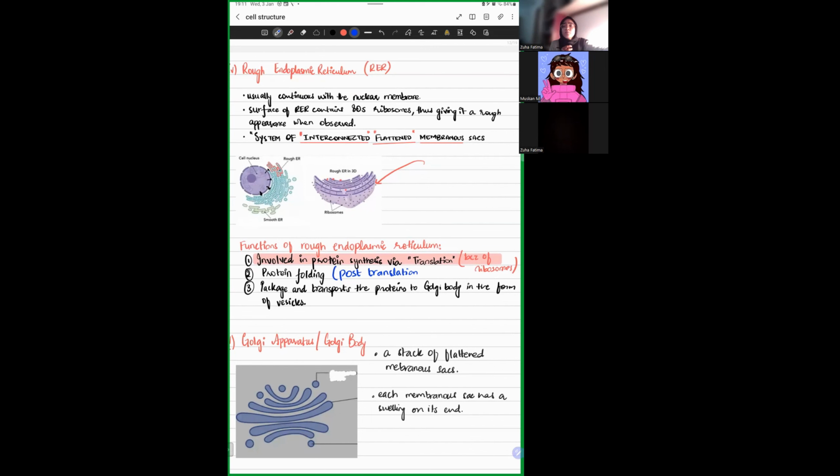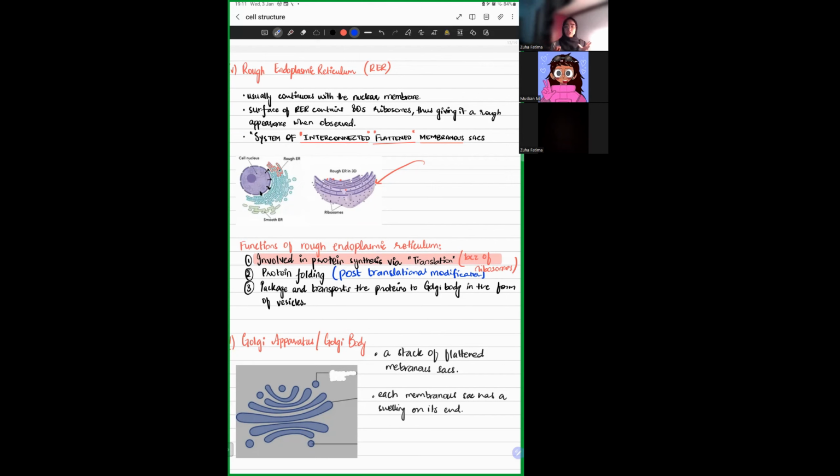So this is called post-translational modification. Why? Because we need polypeptide chains to fold together, and once translation has completed, we have the polypeptide chains.